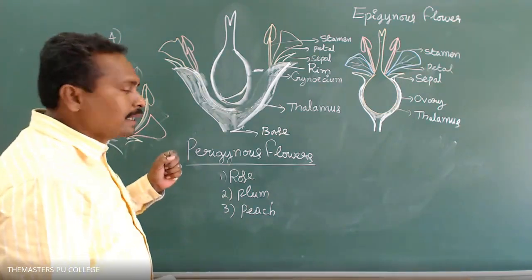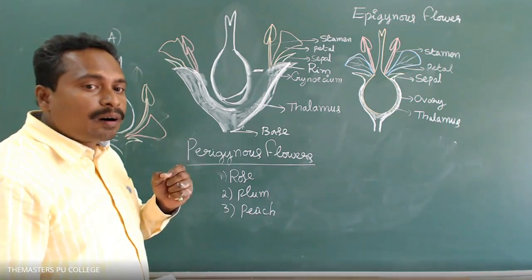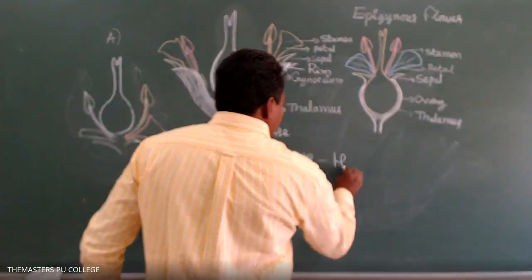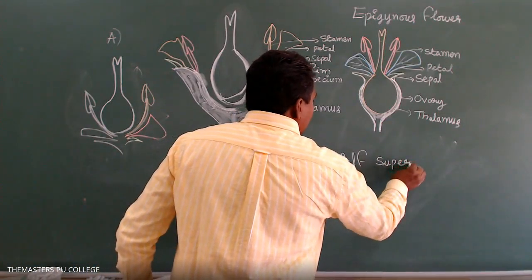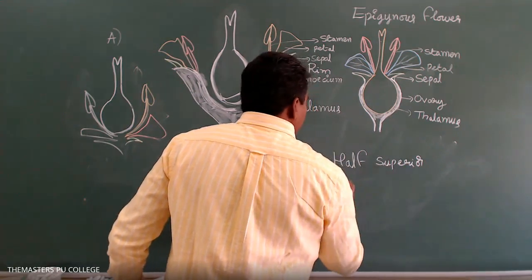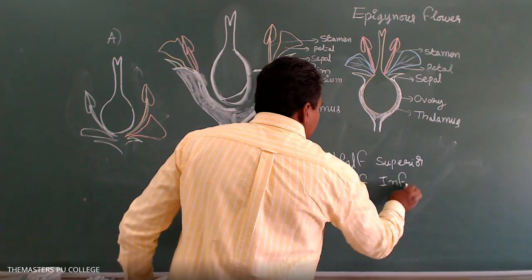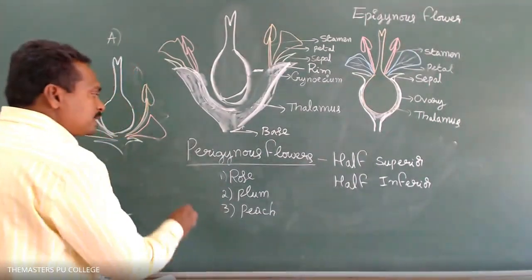In perigynous flowers, the ovary is half superior, half inferior. In hypogynous flowers, the ovary is superior.